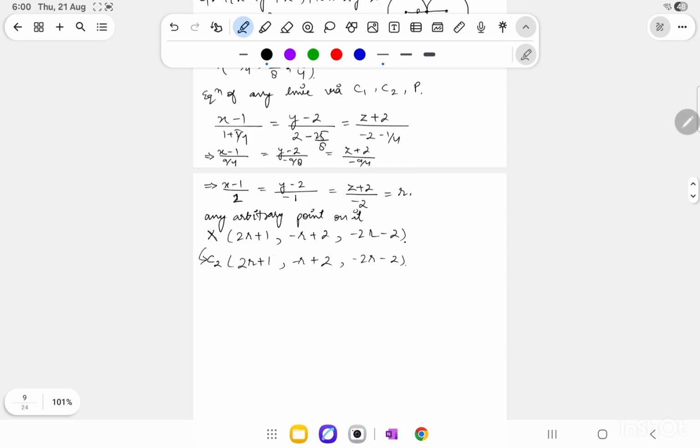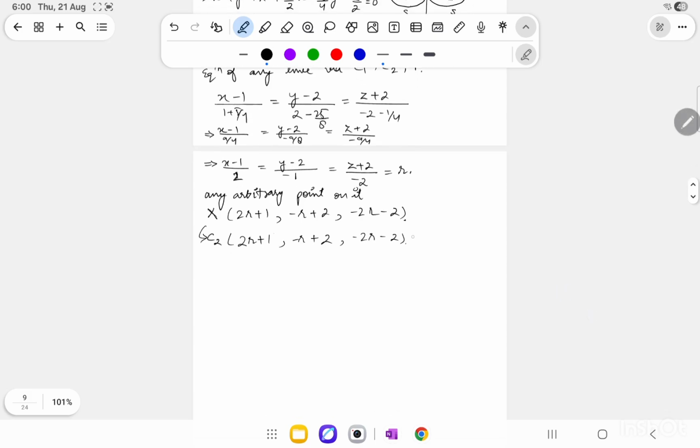Since I got the center of sphere S2, using this I can find the equation of sphere S2, which will be x² + y² + z² - 2(2r+1)x - 2(-r+2)y - 2(-2r-2)z + d = 0.